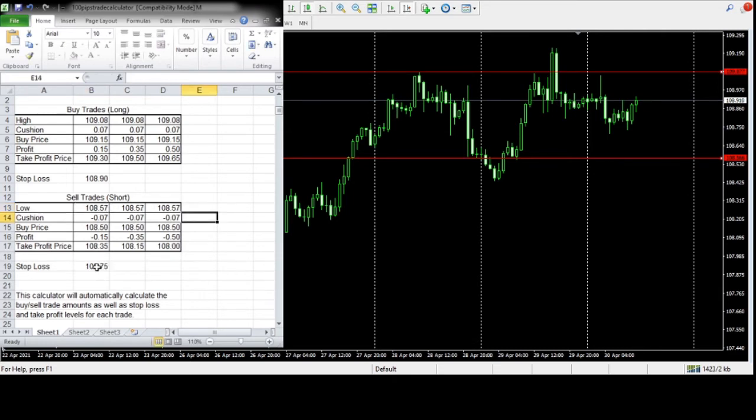You can see that this is the stop loss for that. And right now, this is the entry price, 109.15. That is for buy, 109.15. Can you see? So that is for buy here.